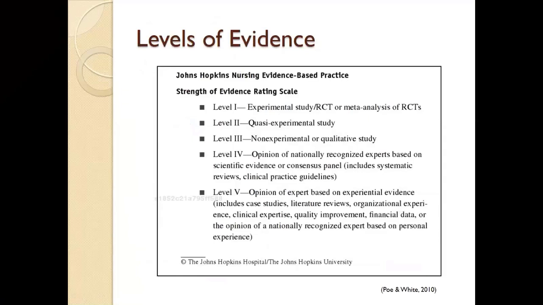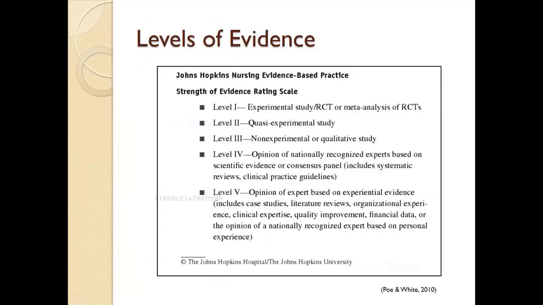Then level 2 is a quasi-experimental study. It's still an experimental study, but the participants are not randomly chosen. So it might be just the 100 people that you have, the 100 beds that you have in your hospital. That's what you chose, but you didn't choose a random sample of them.